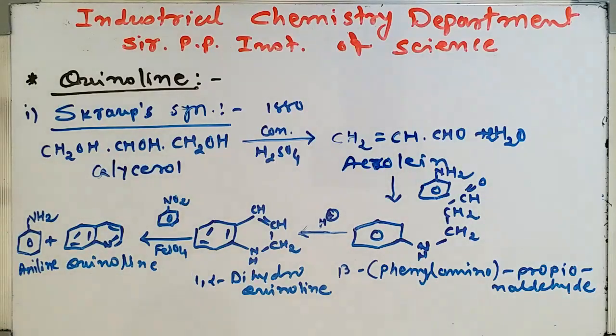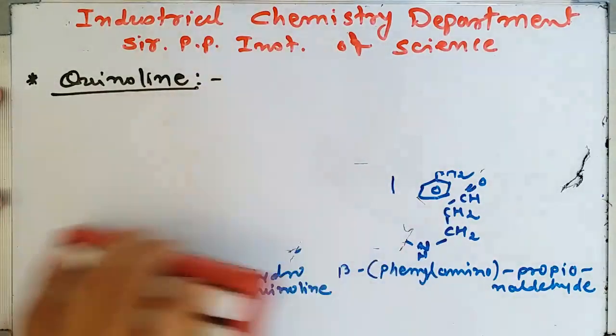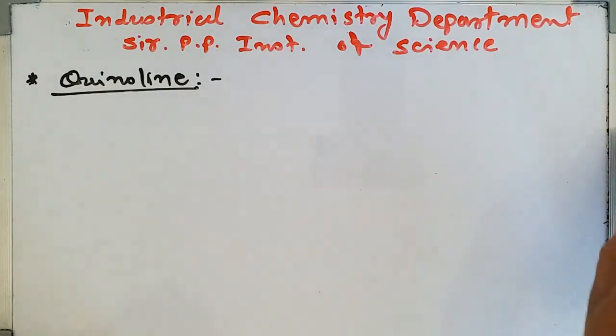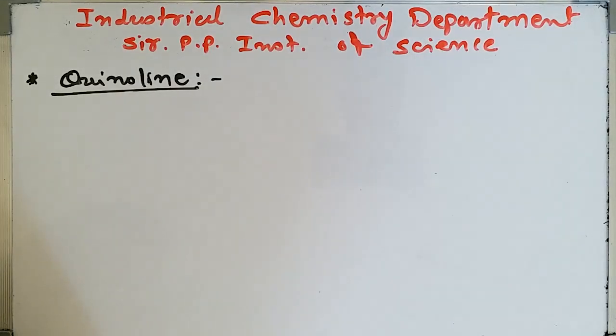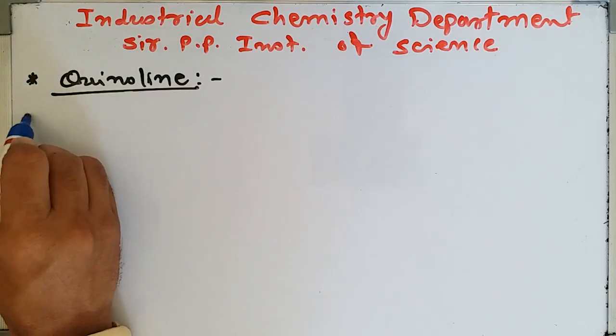Now we see more synthetic routes for quinoline. Here some substituted derivatives of aniline are used. Substituted quinolines have been prepared by using substituted anilines, aldehydes and ketones. So we see orthoaminophenol.